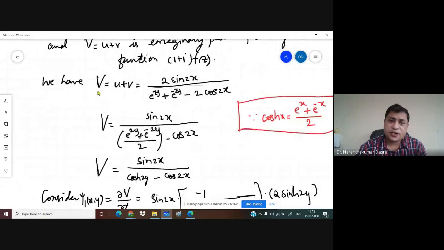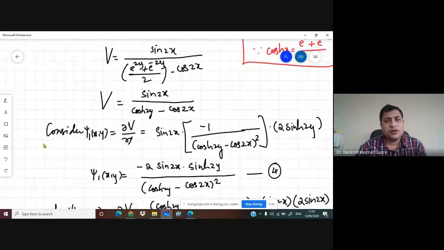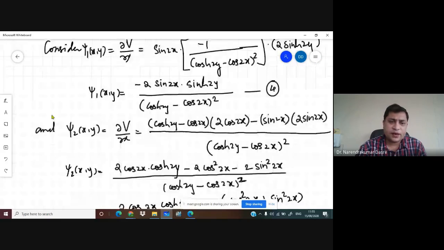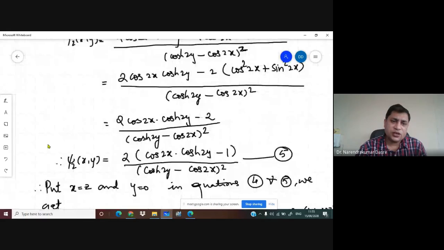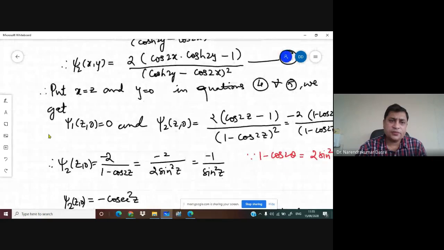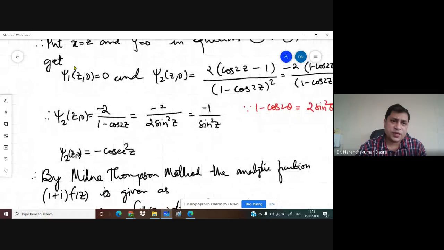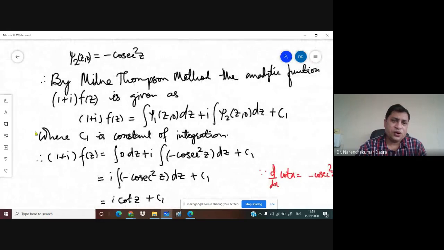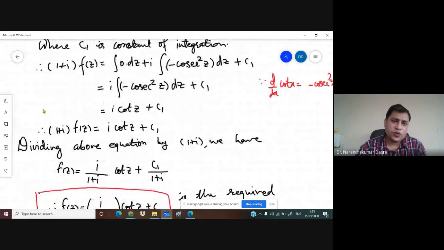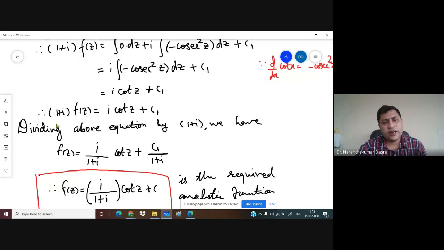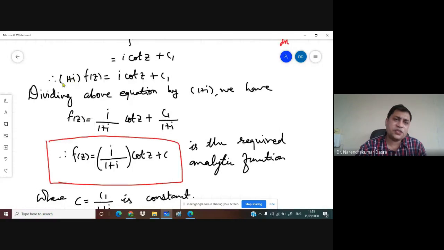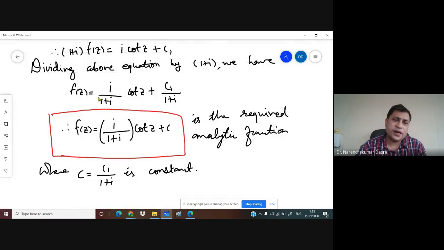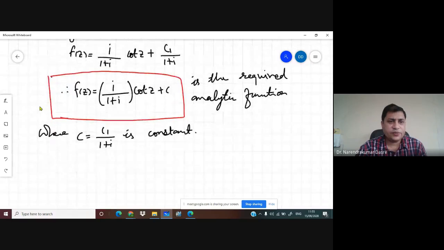Now in this case the imaginary part is given, and hence we applied the Milne-Thompson method for the imaginary part, and then using the first order derivatives and substituting x is equal to z and y is equal to 0, we got the function 1 plus i into f of z, and later on if we remove this constant on the left hand side, then we are able to get the required analytic function on the right hand side.